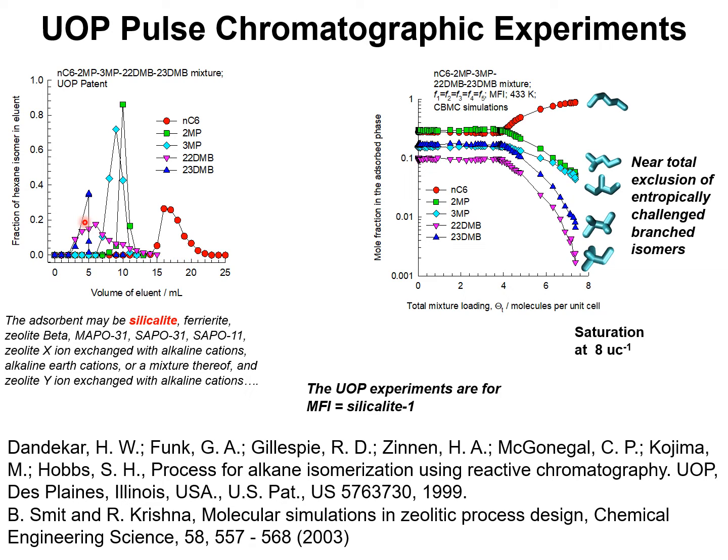So the hierarchy of adsorption strengths is dibranched, monobranched, and linear isomers. The UOP patent does not specify the adsorbent precisely. It says the adsorbent may be silicalite, ferrierite, zeolite beta, MAPO31, SAPO31, SAPO11, zeolite X, zeolite Y, etc.